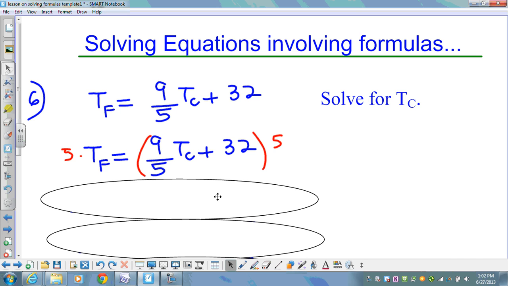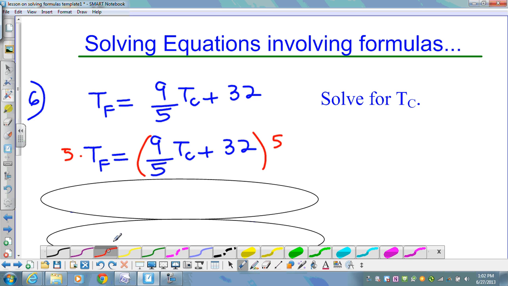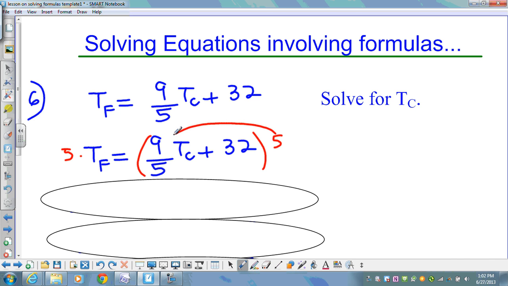So on the right-hand side, you have 5 times 9/5 t sub c. The 5's are going to cancel there, so you'll be left with 9 times t sub c. And then don't forget also to multiply 5 times the second quantity.